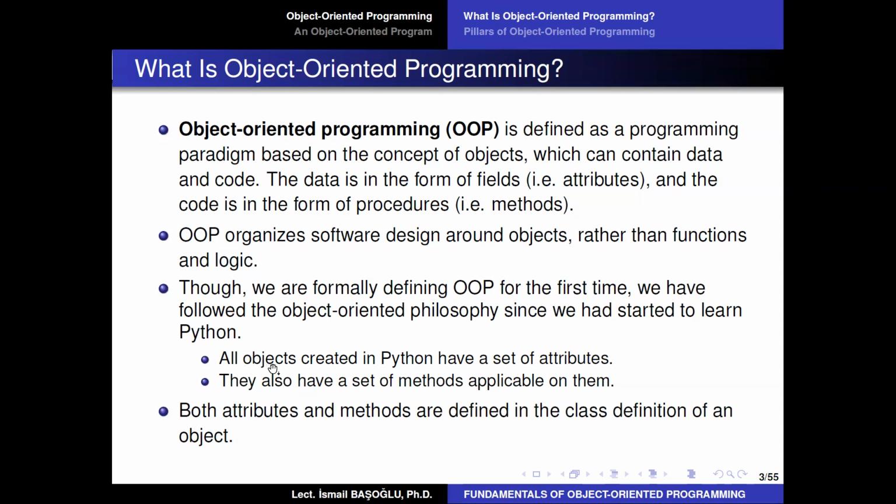Remember, when we created a range object, it had 3 attributes: start, stop, and step. And when we created a list object, there were several methods applicable on it, like the index method, count method, append method, or pop method. There were several methods which we can apply on lists, dictionaries, or sets.